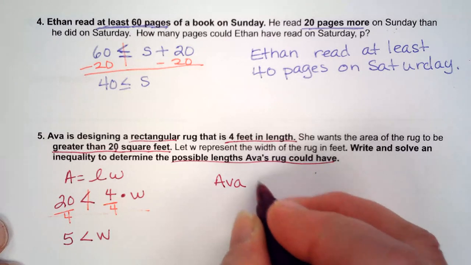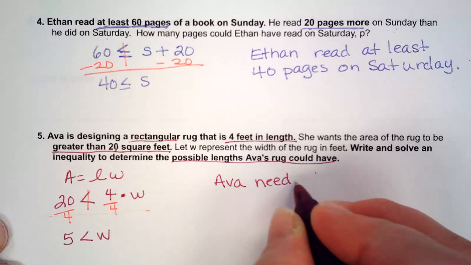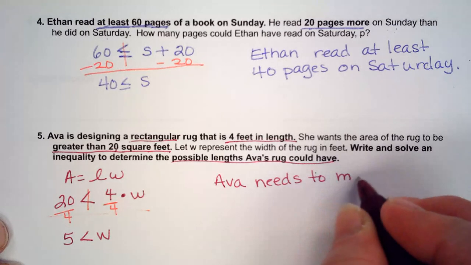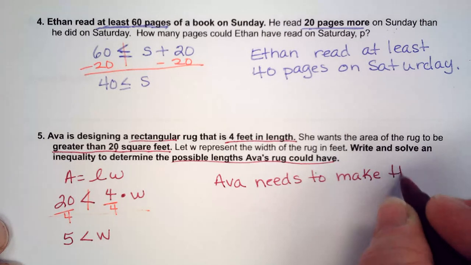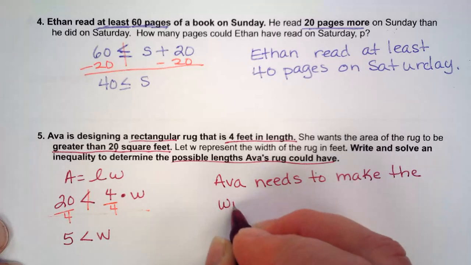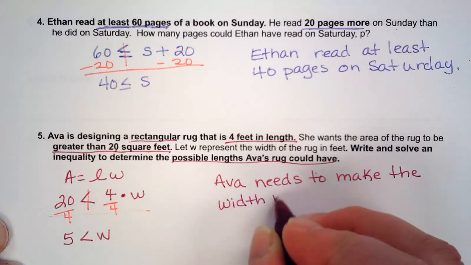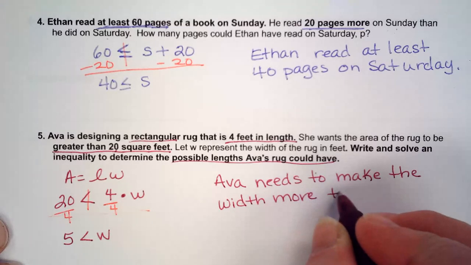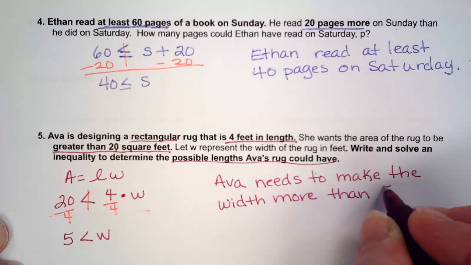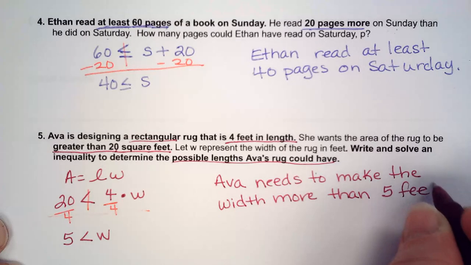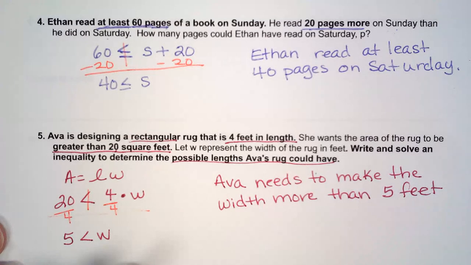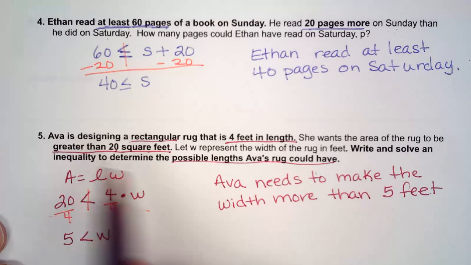Ava needs to make the width more than 5 feet. So at 5 feet, it's exactly 20 square feet because 4 times 5 is 20. And she wants it to be greater than, so she's got to do more than 5 feet.